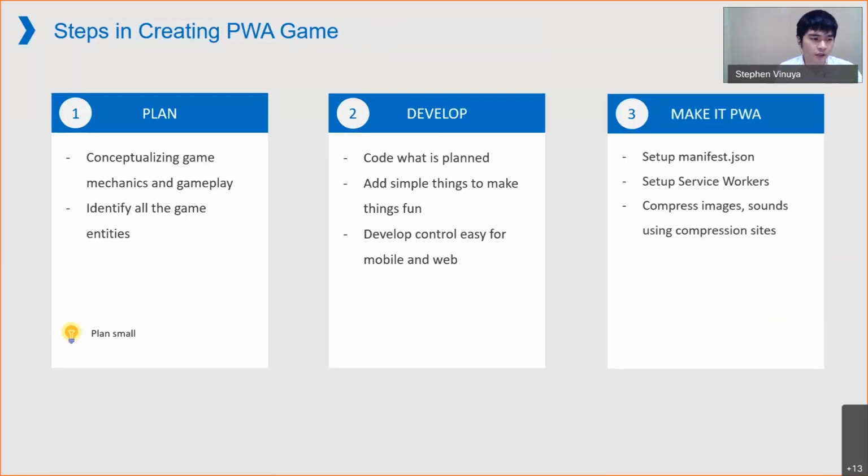Next, after you have developed the game, you should make it a PWA. We're going to set up the manifest.json. Later on, I'm going to show a site where you can easily set up your manifest.json and some service workers. Of course, you should also compress your images and sounds using a compression site. Let's say you have big PNG images.